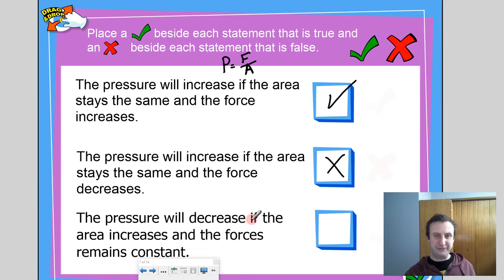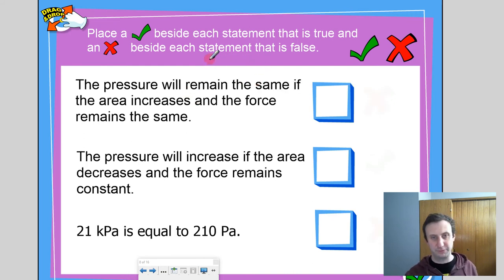The pressure will decrease if the area increases and the force remains constant. So this is going up and this is remaining constant. Well, the answer to that is yes. Pressure will decrease if I'm dividing by a larger number. Okay, next slide. Let's write the formula again. P is equal to F over A. The pressure will remain the same if the area increases and the force remains the same.